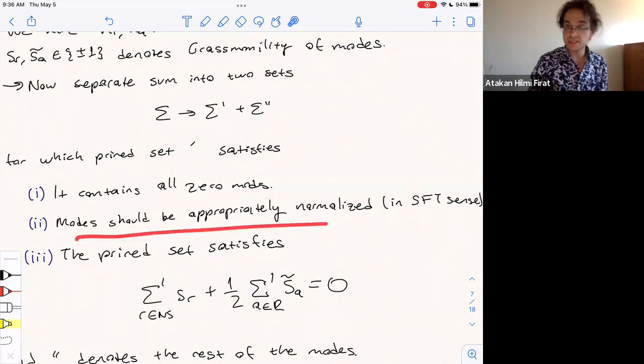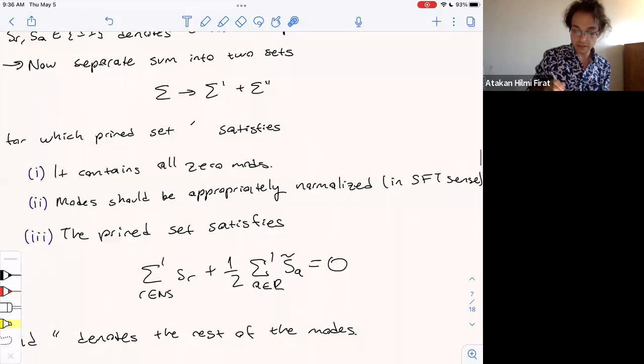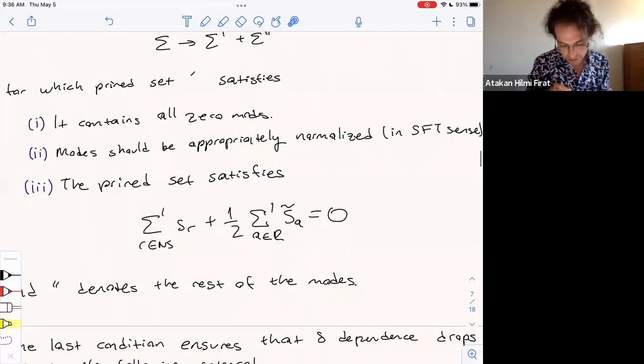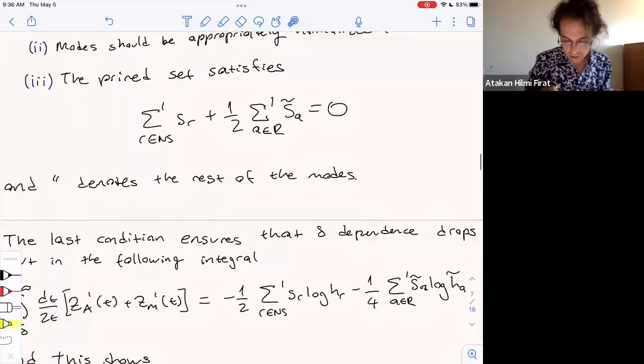I will assume that these are appropriately normalized, which I will comment on more when we write the SFT quadratic term. Then I demand that this prime set satisfies this condition on the Grassmann parities, and the double prime will be the rest of the modes.